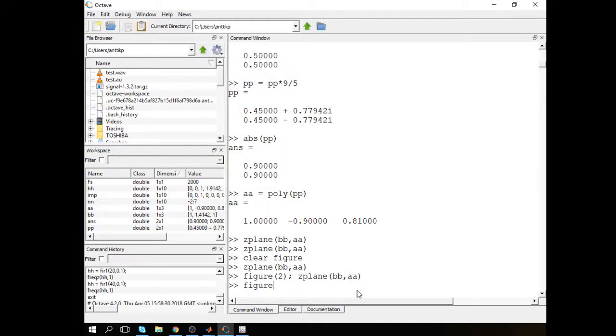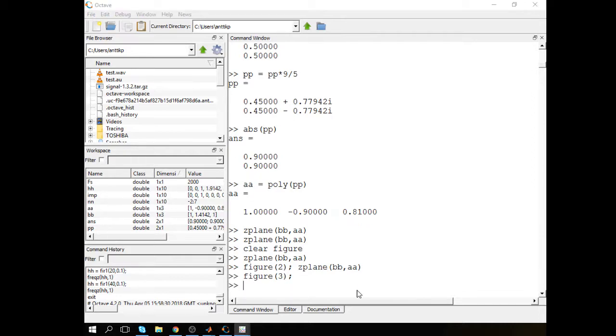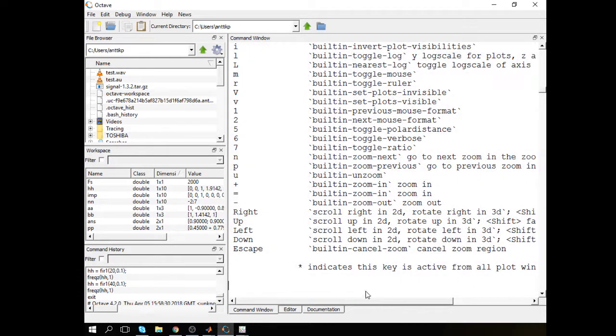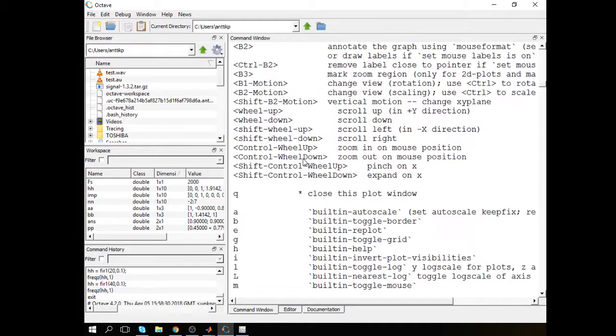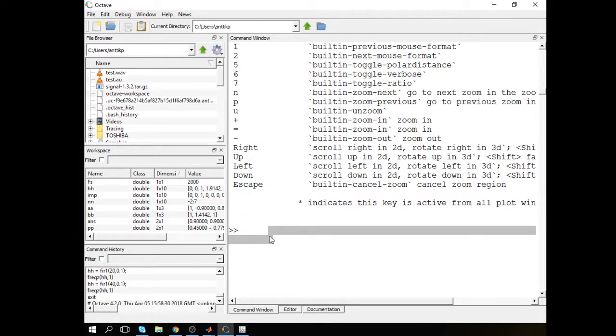Let me do also over again the frequency response. What happened? I hit something. BMBAA imp.